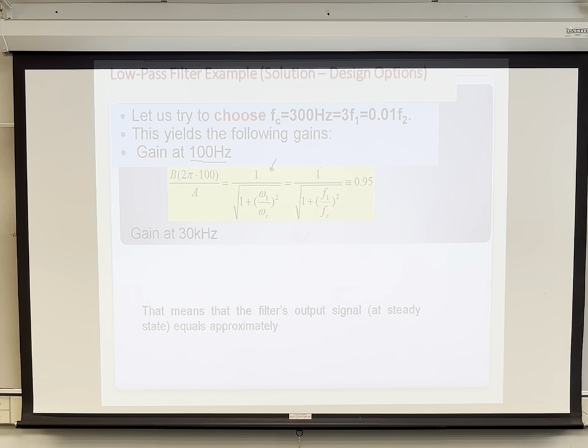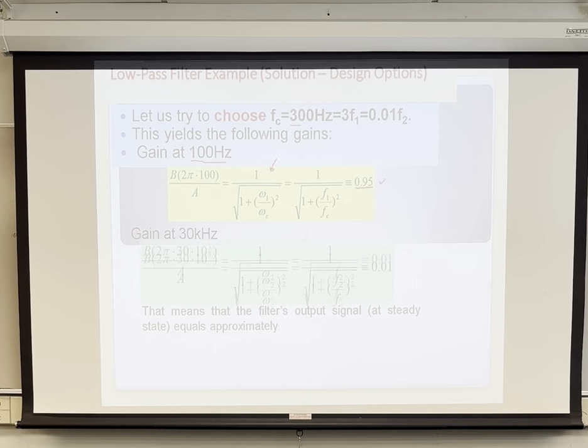This is the gain of the low-pass filter at 100 hertz. So 1 over the square root of 1 plus (F1 over Fc) squared, and that's approximately 0.95, which is approximately 1. If you wanted a 500 hertz cutoff, you just put 500 hertz here, and then you can predict how much of the desired signal you're going to attenuate. That's pretty close to 1.